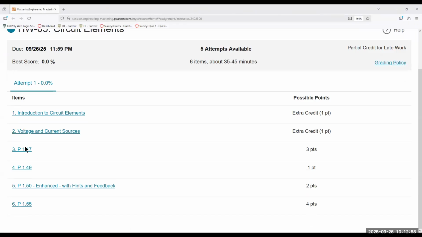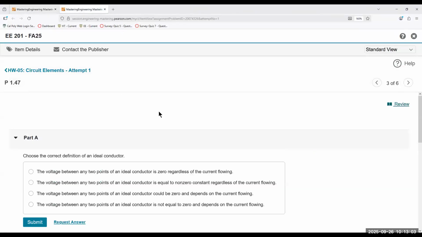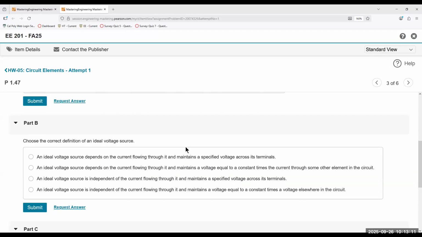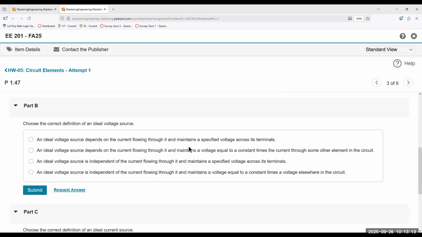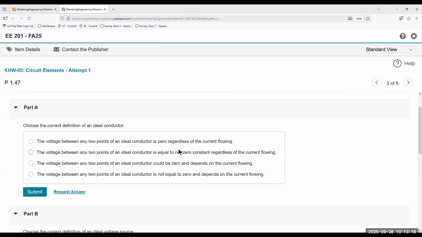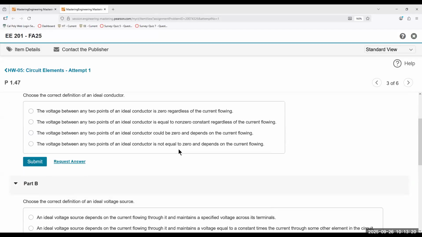All right, so this is about circuit elements and fundamentals. In some ways, this can also be homework 1 because we're talking about the basic introduction. So correct definition of a conductor, correct definition of an ideal voltage source, ideal current source. These are questions about the most basics, most fundamentals.